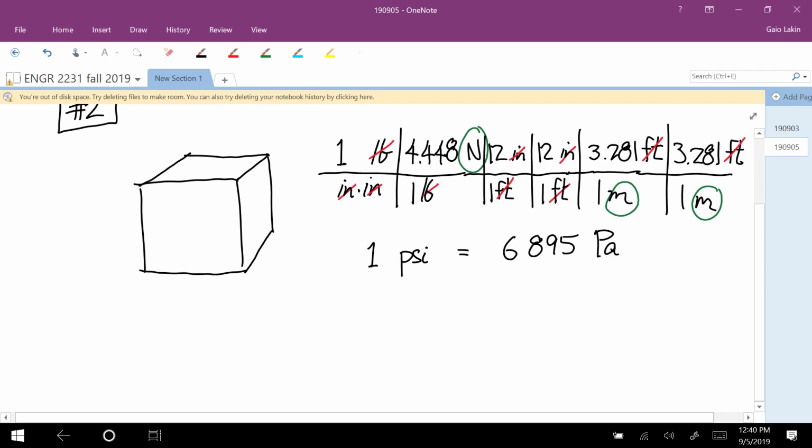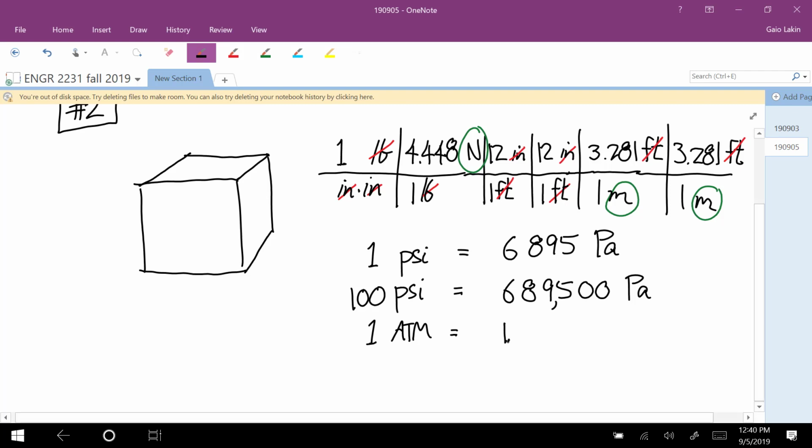Okay, so that says that 100 PSI is 689,500. And 1 atmosphere of pressure is, well, it says to use 14.5 PSI.